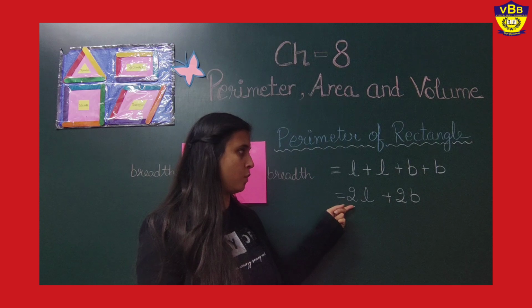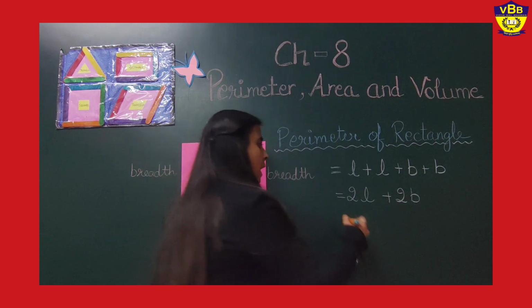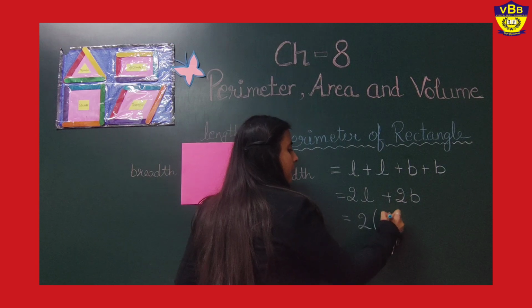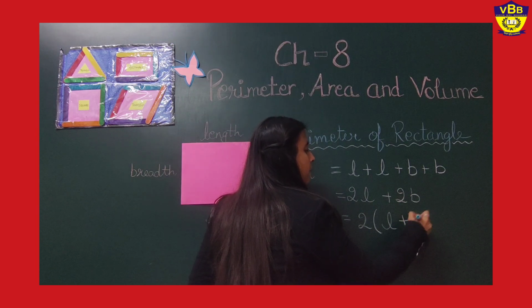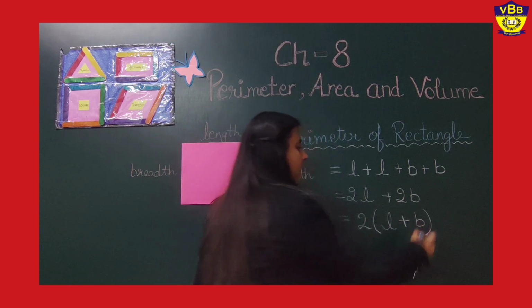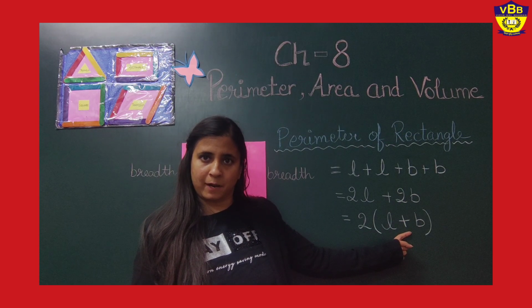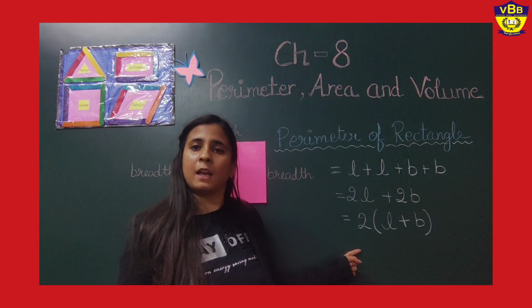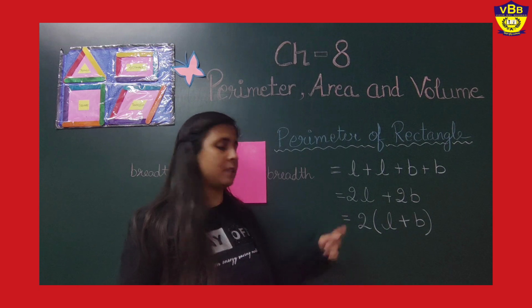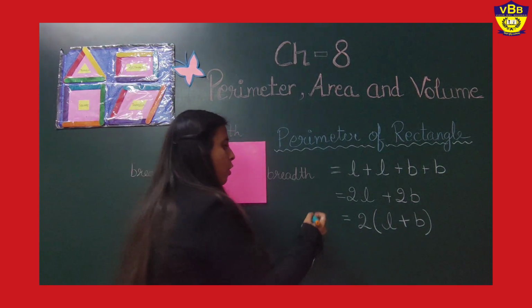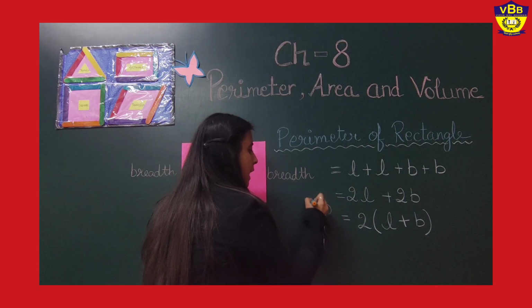Now here also 2 is there, here also I have 2. I can take this out and inside the bracket I can write L plus B. That means the sum of length plus breadth multiplied by 2. This is the formula to find the perimeter of a rectangle.